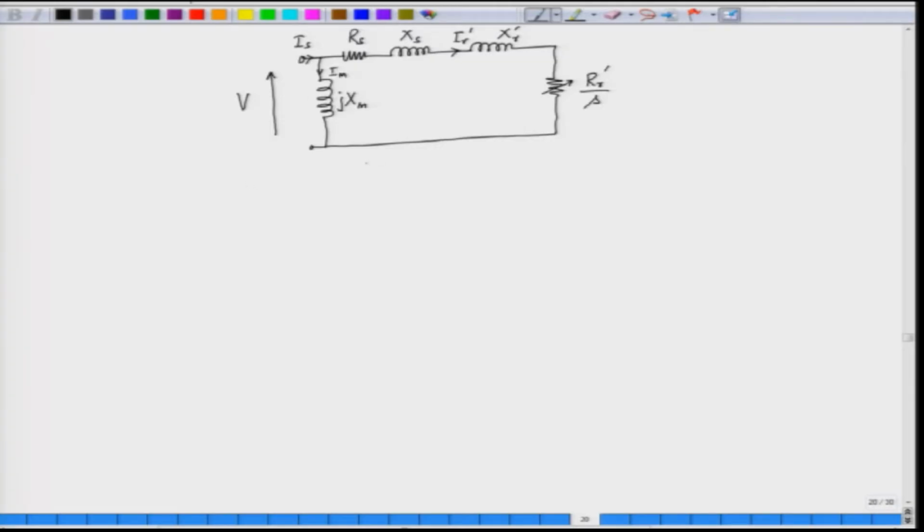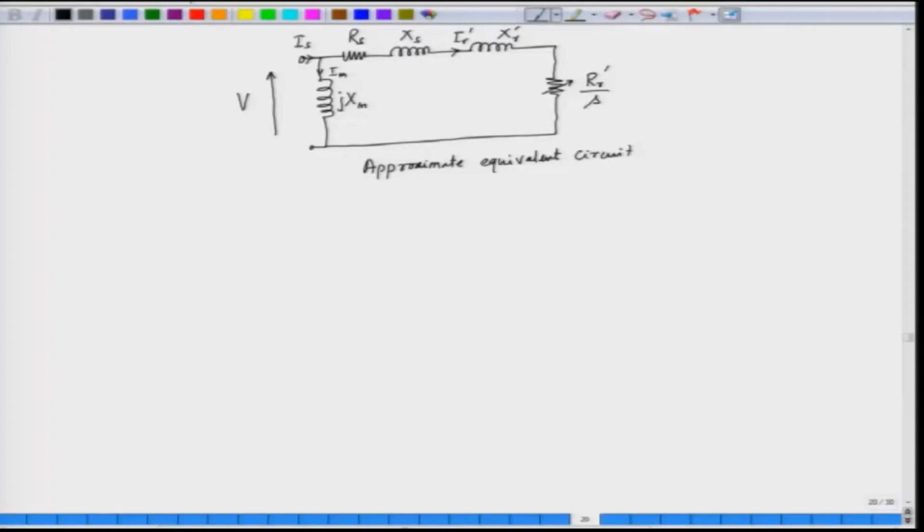Now, this is called the approximate equivalent circuit. This approximate equivalent circuit is fairly accurate for the calculation to find out torque and speed of the motor.